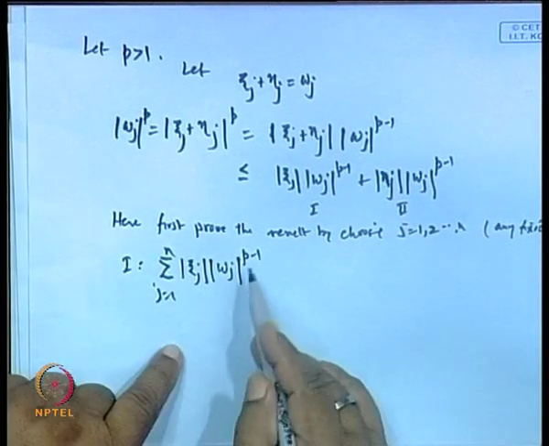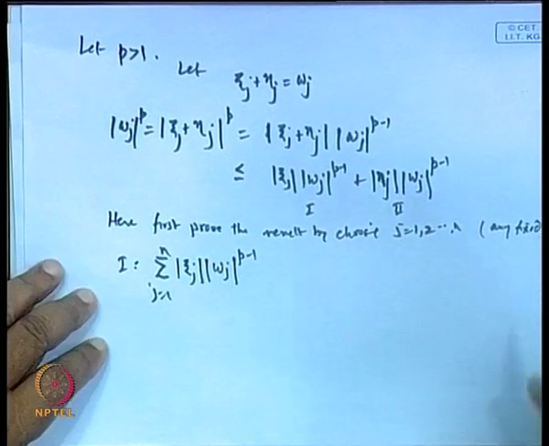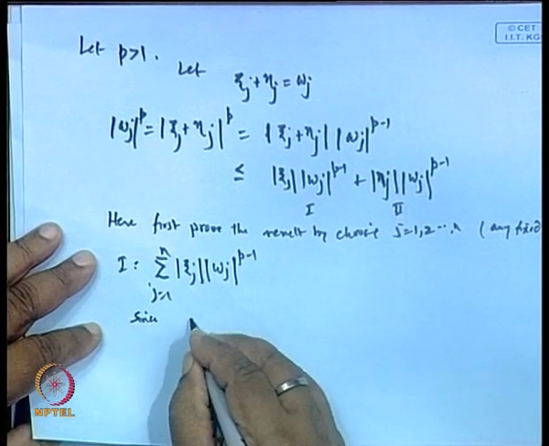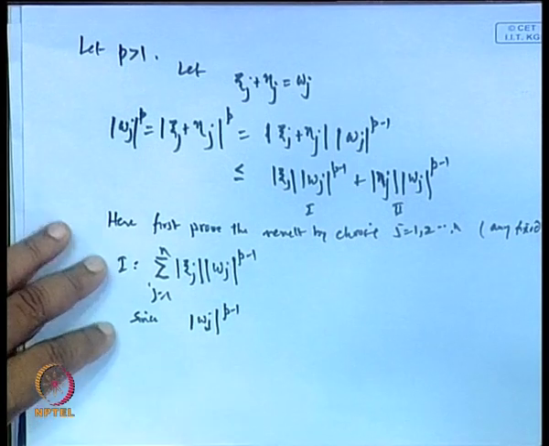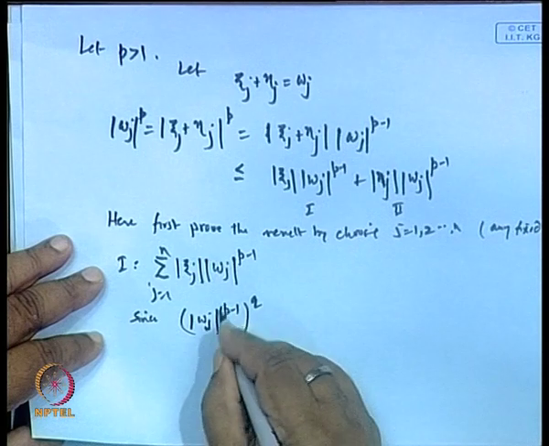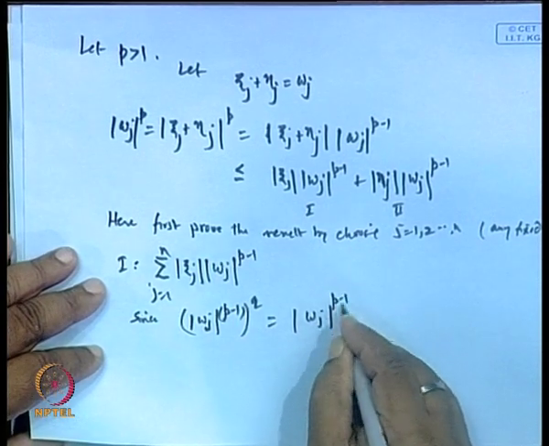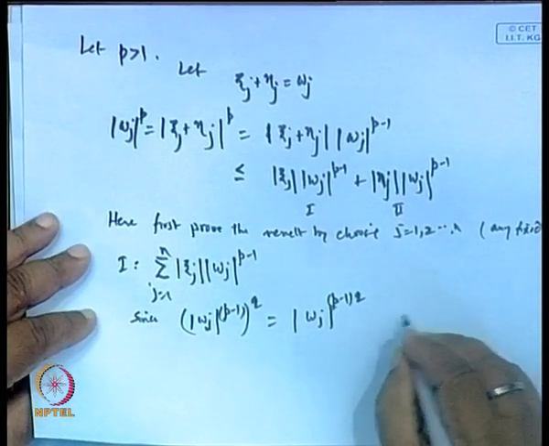So, whether this part is in l^q, that is now obviously |ω_j|^(p-1), when we raise the power q, then this becomes |ω_j|^((p-1)q). P and q are the conjugate exponents.